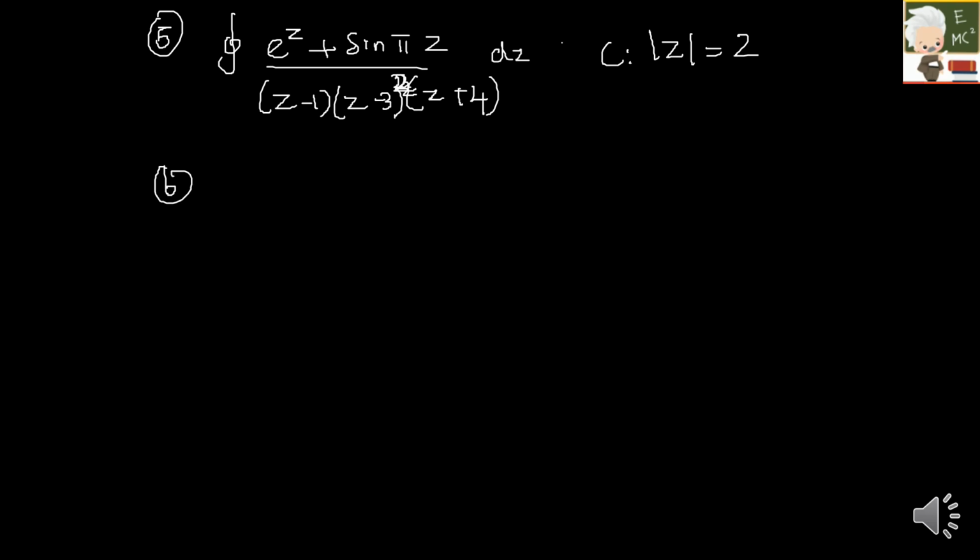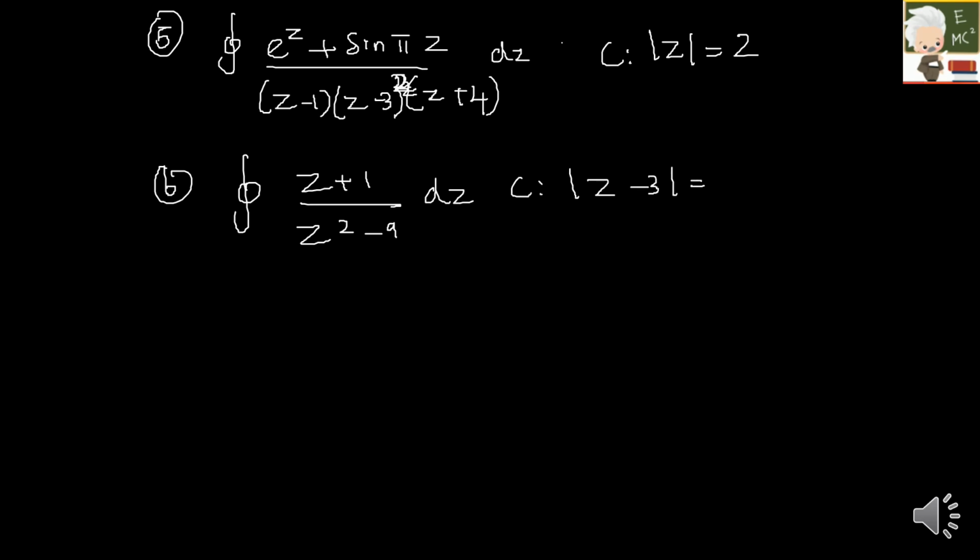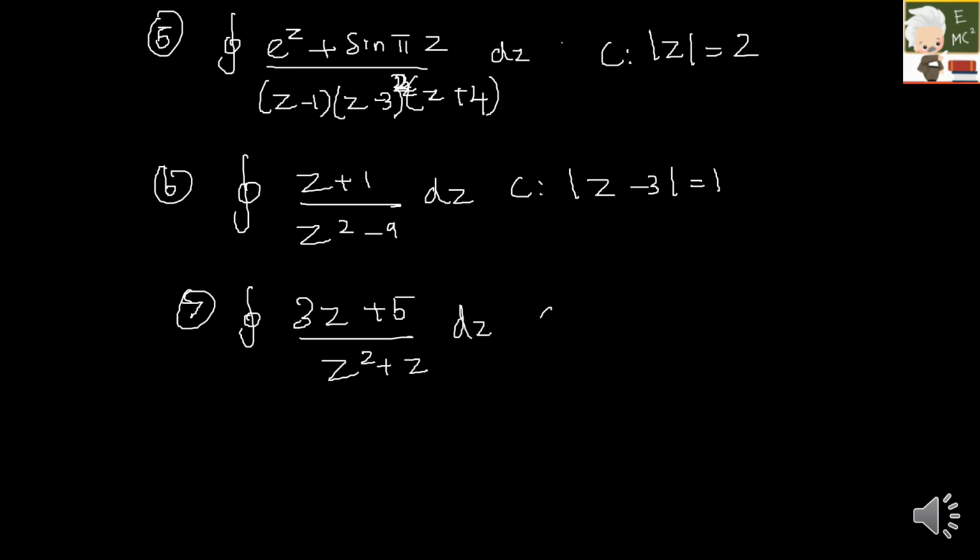Sixth question, closed integral of (z plus 1) by (z square minus 9) dz, the contour is |z - 3| = 1. Seventh question, integral of (3z plus 5) divided by (z square plus z) dz, and the contour is |z| = 1/2.